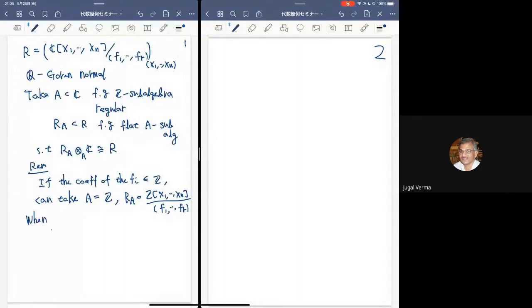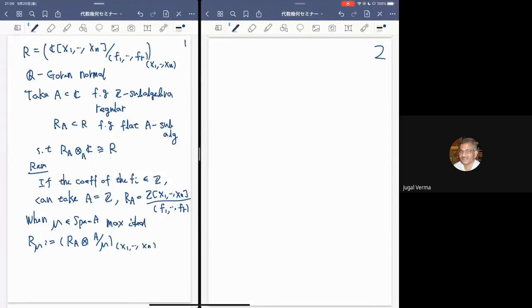When mu is a maximal ideal of A, so mu is an element of Spec A, and I assume this is a closed point, which means a maximal ideal, then I denote by R_mu the localization of R_A tensored with A over mu.